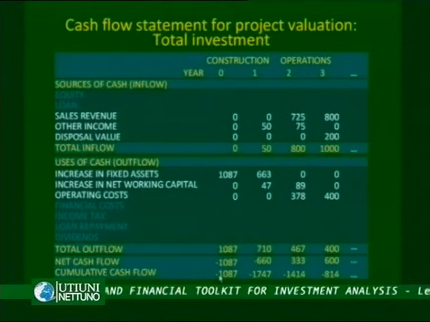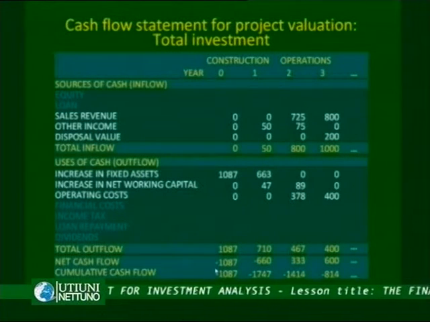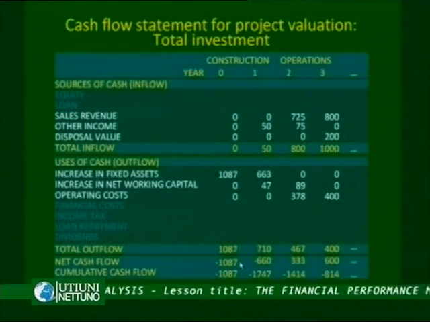As you can see here, the net cash flow and the cumulative cash flow that is calculated for total investment can be negative at some point in time. This means that at that point, the operations are generating negative cash flow. This means that the project needs some additional sources of funding that, as we saw in the previous slide, are represented by equity and loan investment.